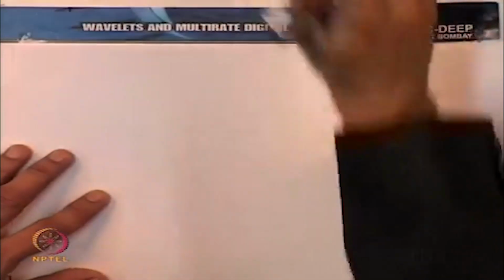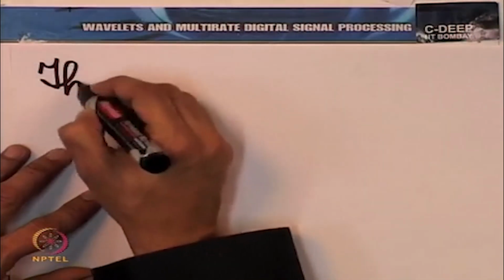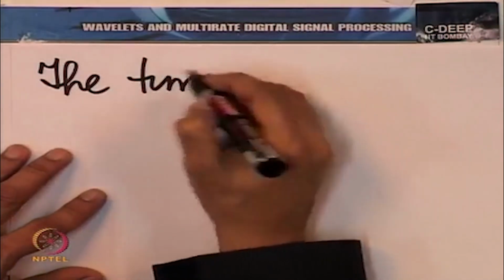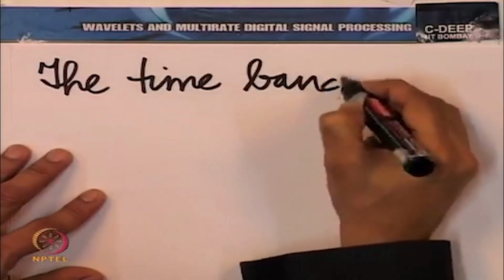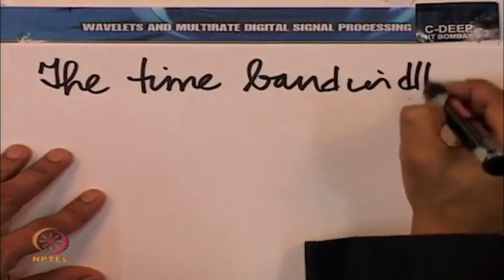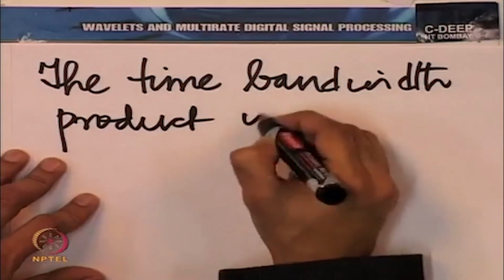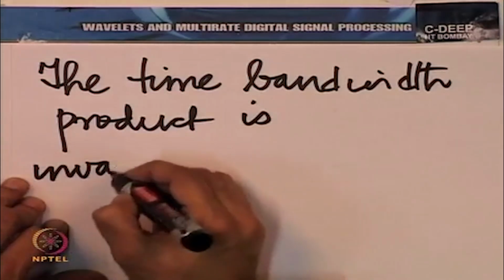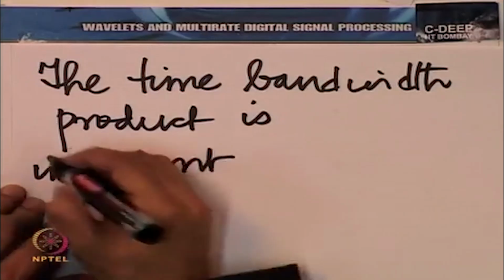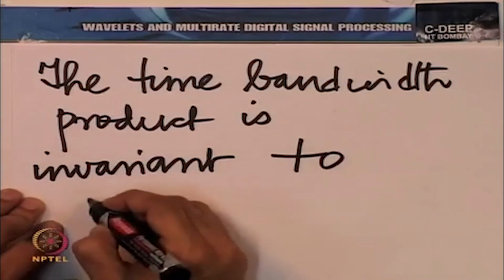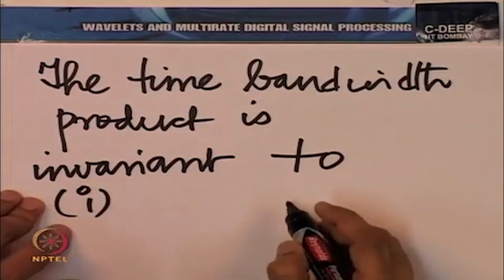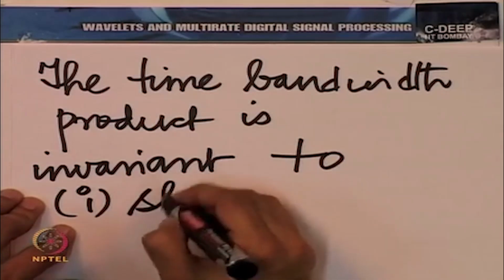The time bandwidth product is invariant to number 1, shift in time.